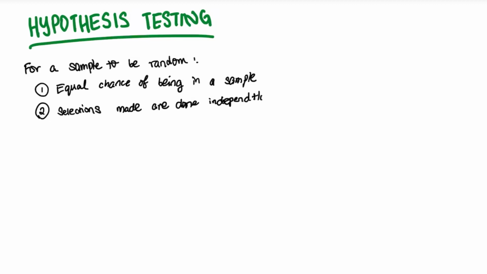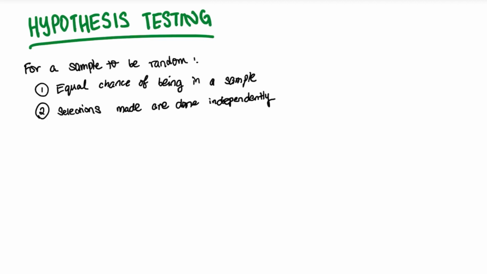Depending on what the question is, of course, for an item, or for whatever the given description is in the question, if the question asks you what it means for a sample to be random, very simply, there are just two parts to it. One is that there's an equal chance of that item being in a sample, and that the selection of this item being chosen is made independently of another.